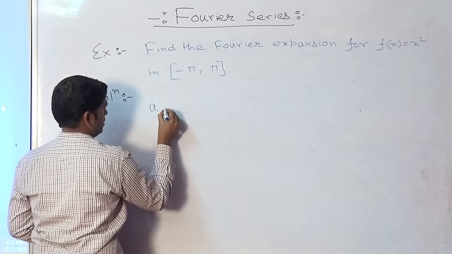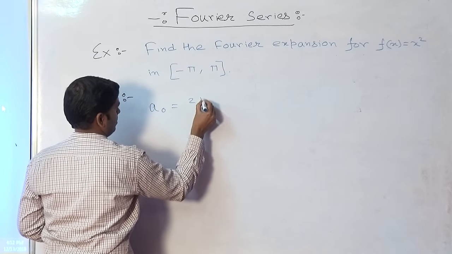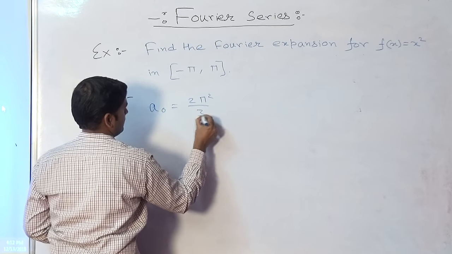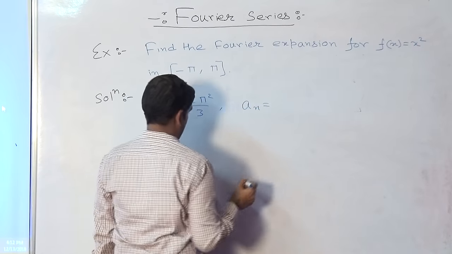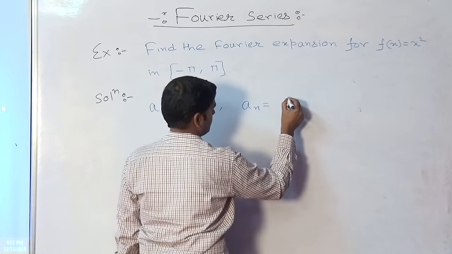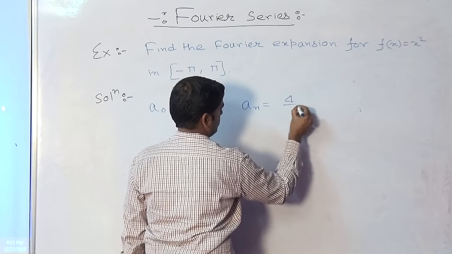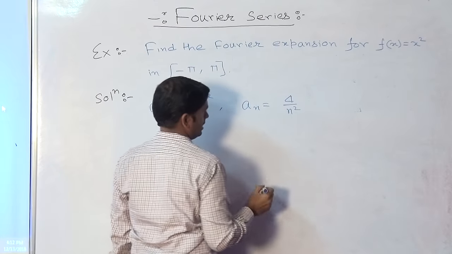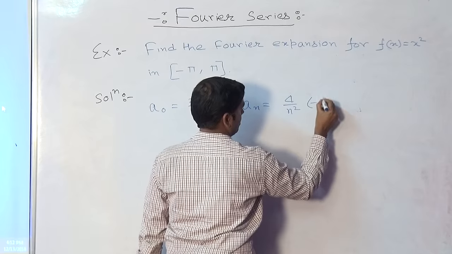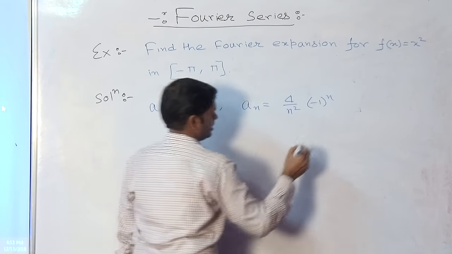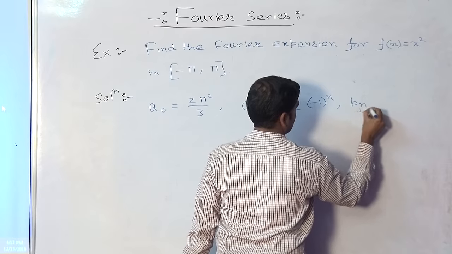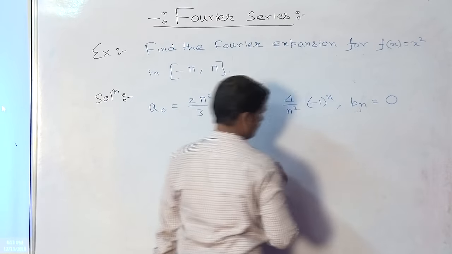So we got a0 is 2 pi square by 3, an is 4 by n square minus 1 to the power n, and Bn is 0, right?